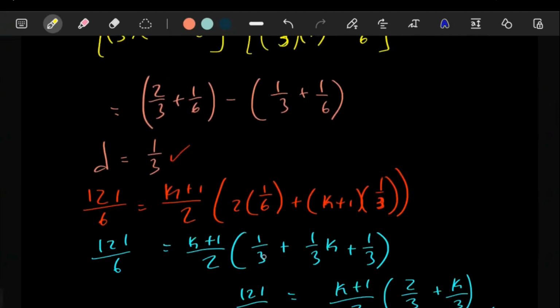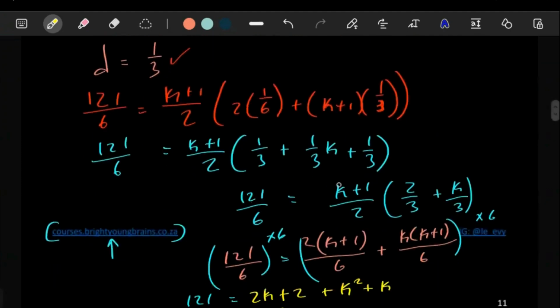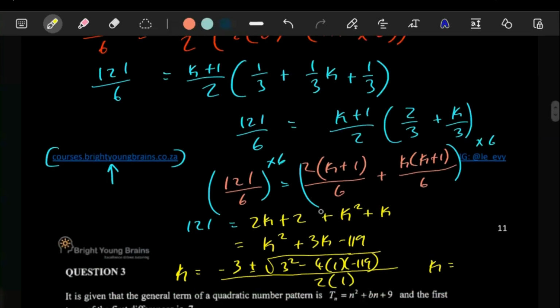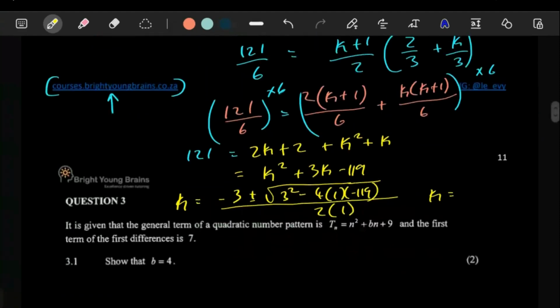So this is just a third, yes. And then if you multiply inside here, it's 2k, and k times that is k squared.